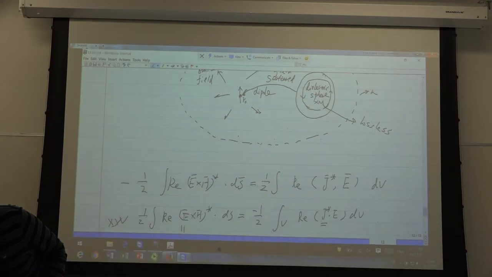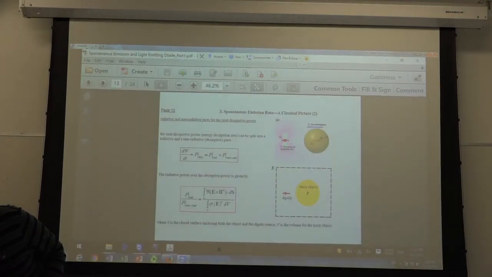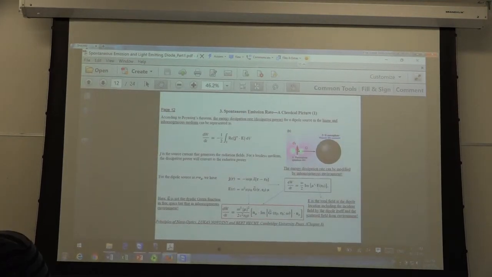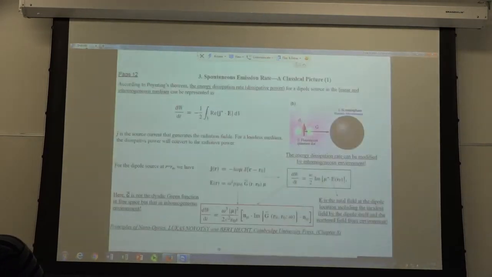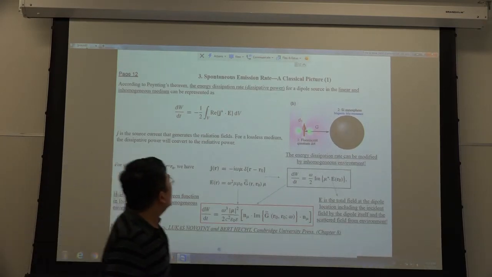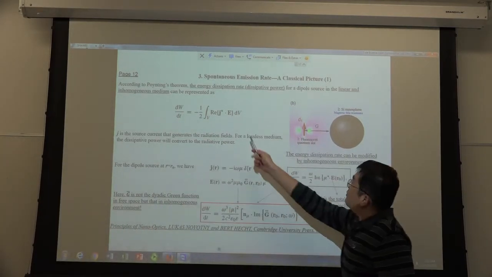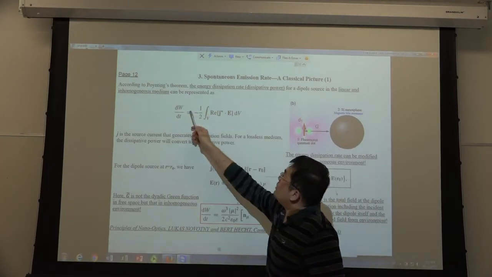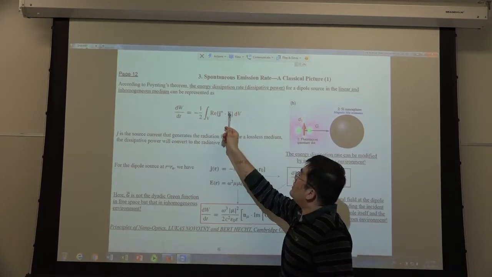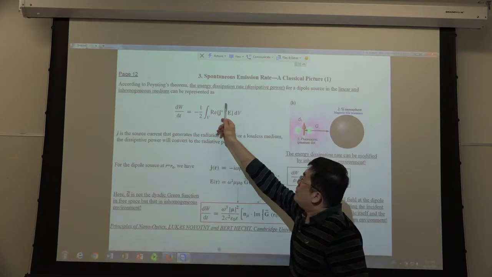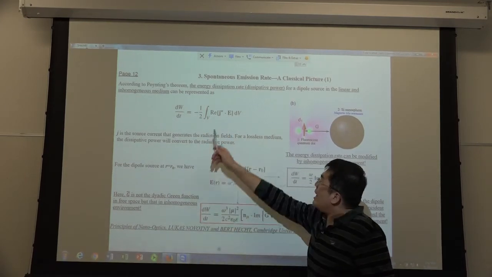So I just go through this. From this equation, you can see this is the radiative power or dissipative power. This is a source, this is a field. This is a volume integral. But J is very special.